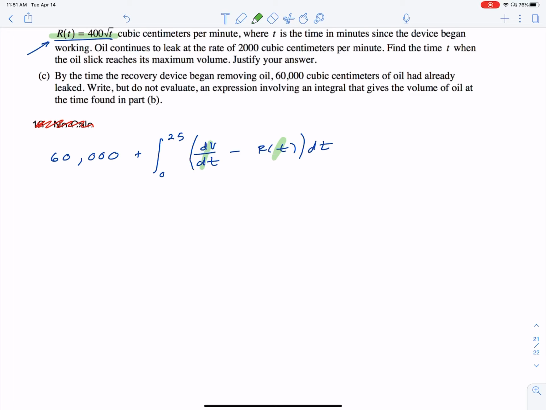So now you might be saying, well, I'm adding it, but what's going on here, right? So let's think about in the beginning, right? From time 0 to 25, I think you'd agree the amount of oil is increasing. So we have 60,000 plus this displacement, which is going to be a larger number. But after time 25, this amount is going to start decreasing.